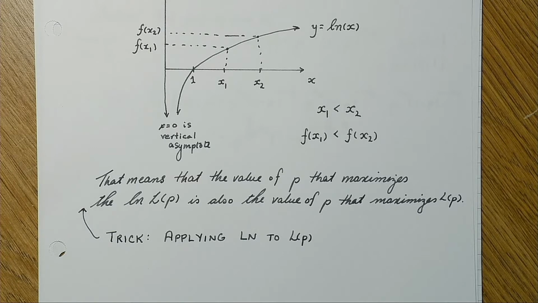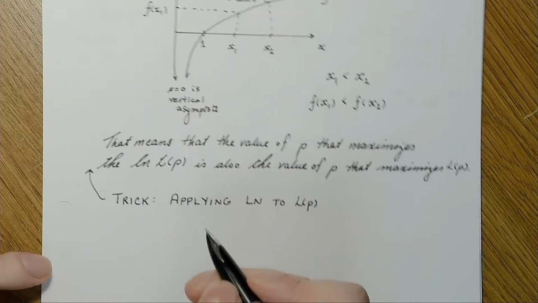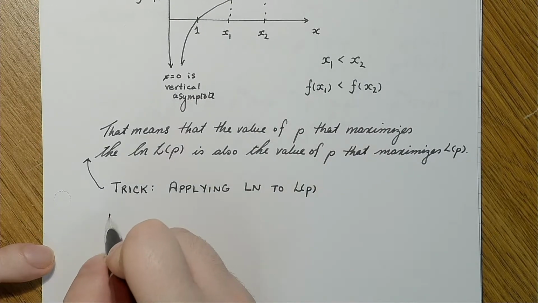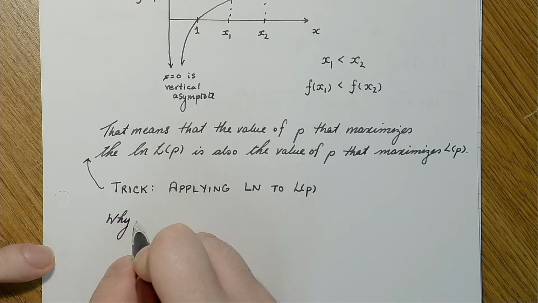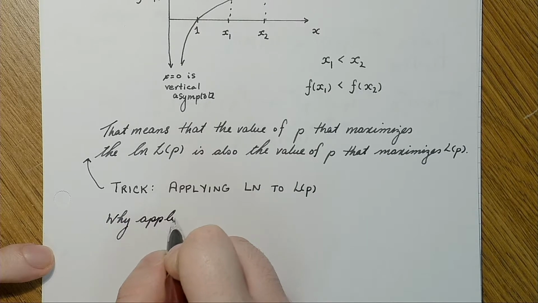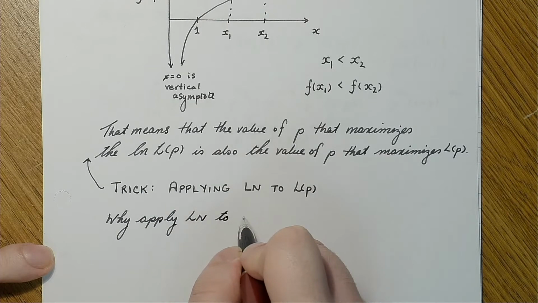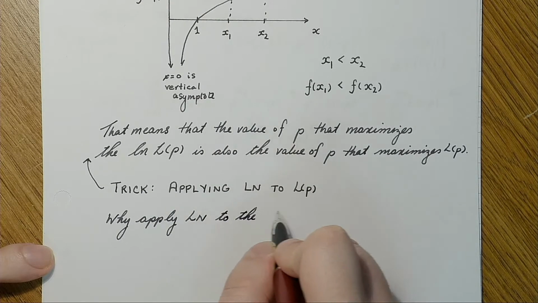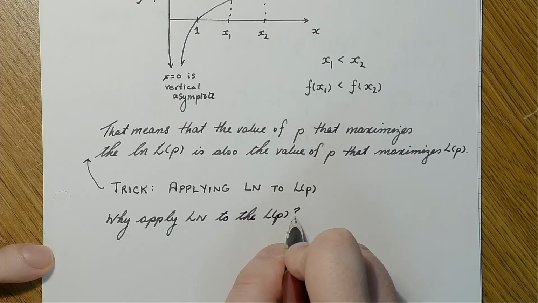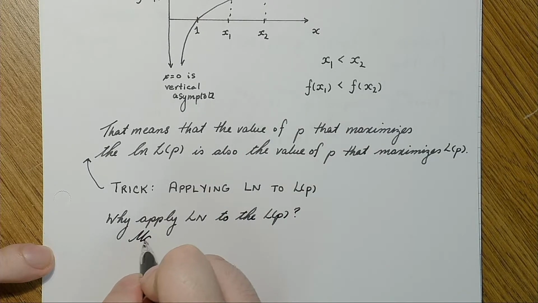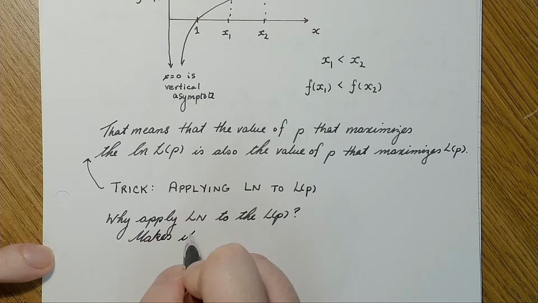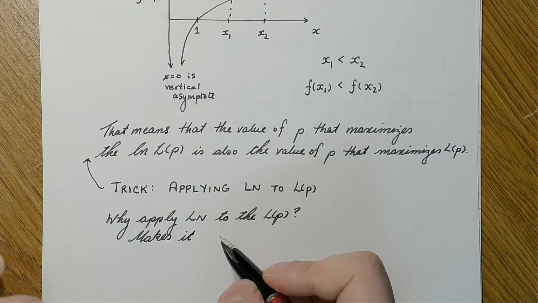And why are we doing that to the likelihood function?